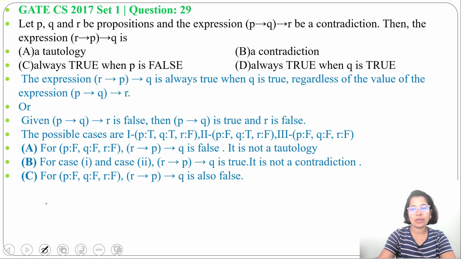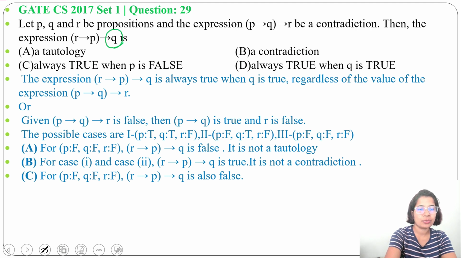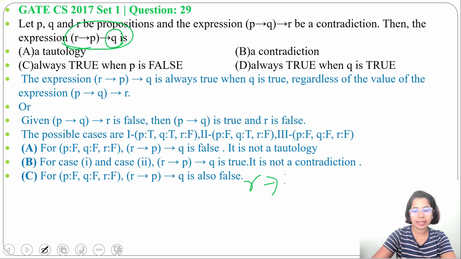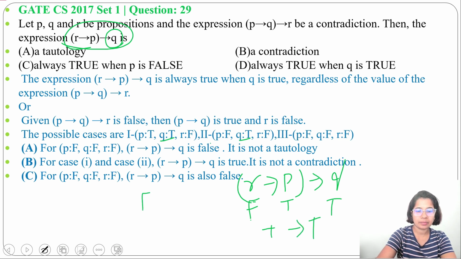Next, option D, always true when Q is true. This is true. When the second part is true, this whole implication will be true. Now check from these three cases. R implies P, whole implies Q. Now Q will be true. So in the first case, R false, P true. False implies true, it's true, true implies true, true. Now in the second case, R is false, false implies P false, whole implies true.